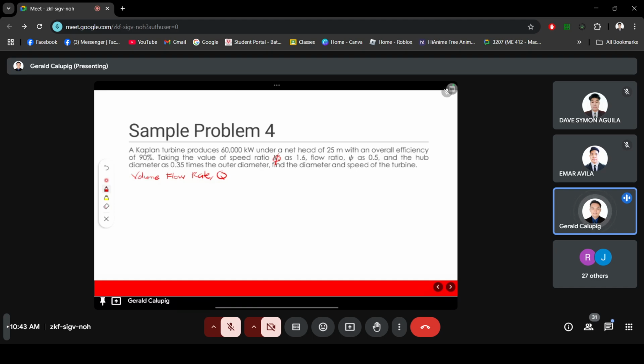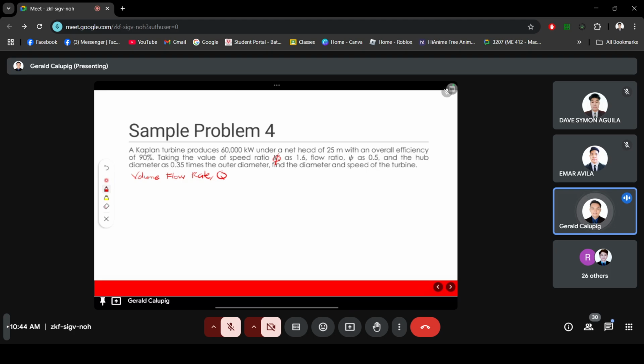Same as in the impulse turbine, we can correlate the values to our formula for overall efficiency, which is equal to the power generated by the turbine over the fluid power.